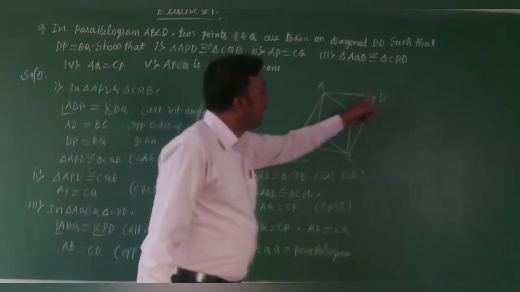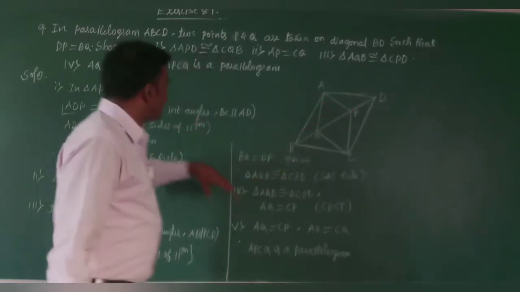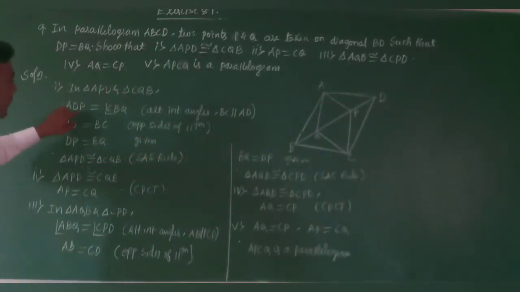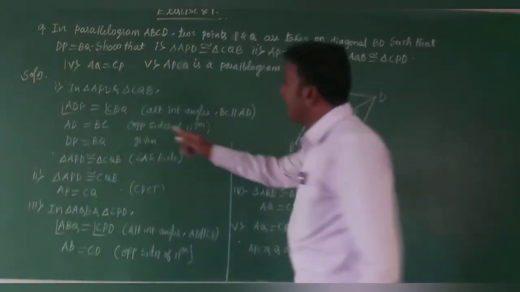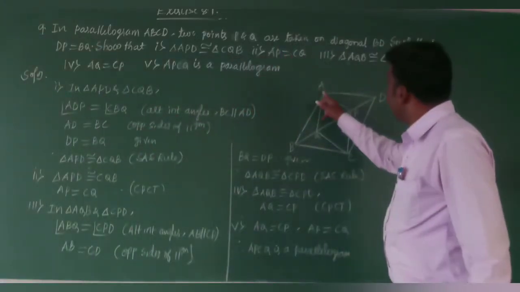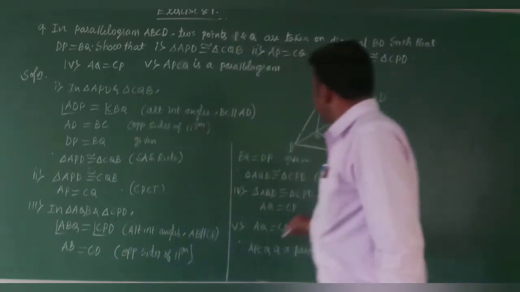In these two triangles, angle ADP is equal to angle CBQ.